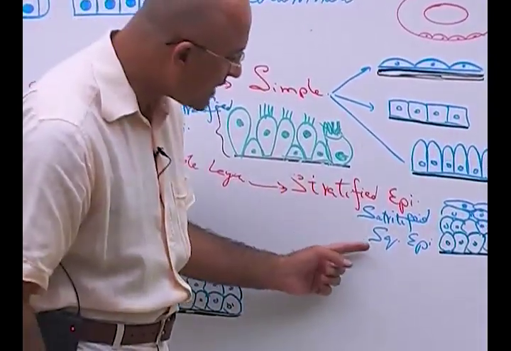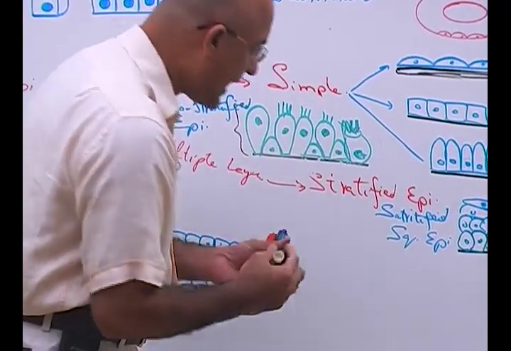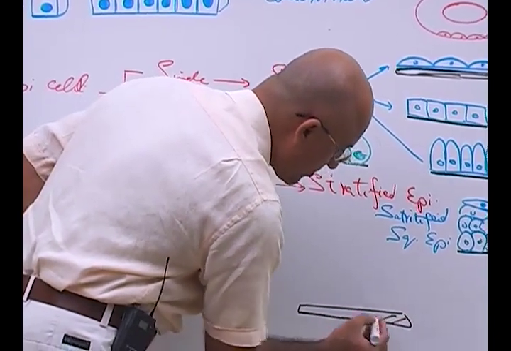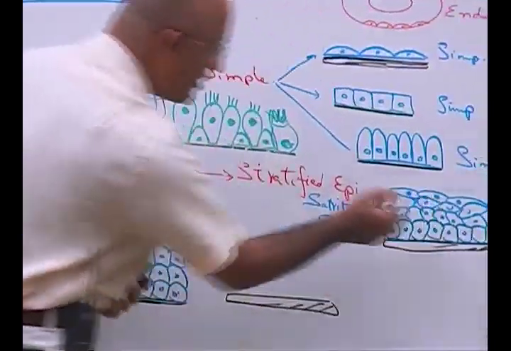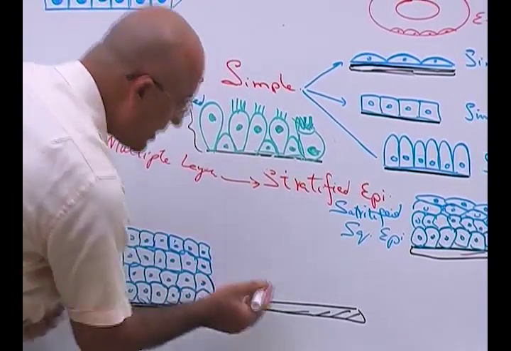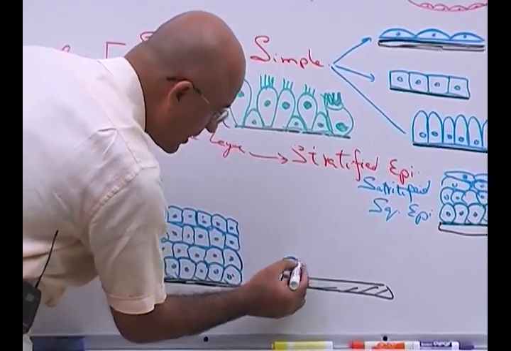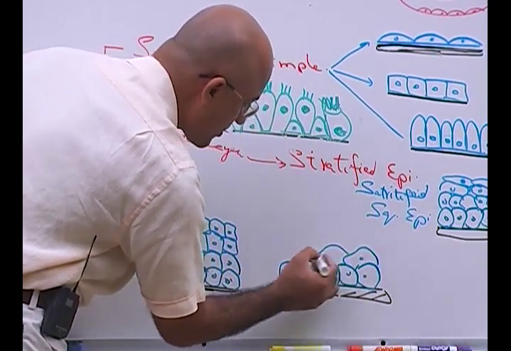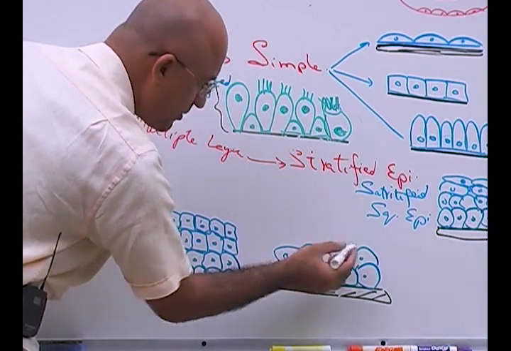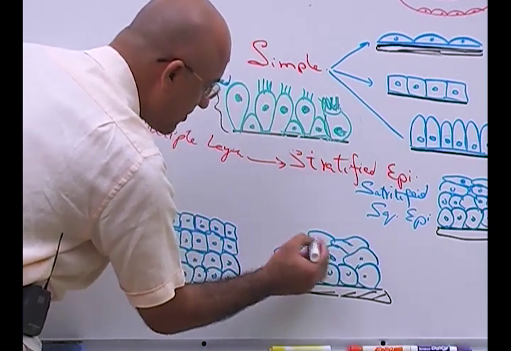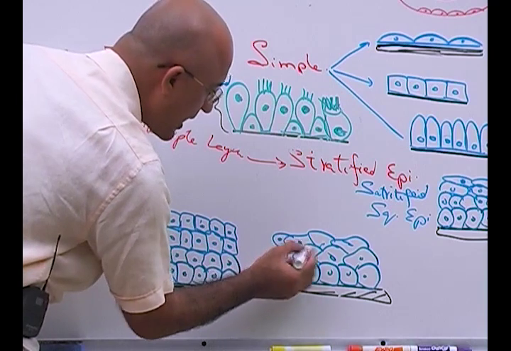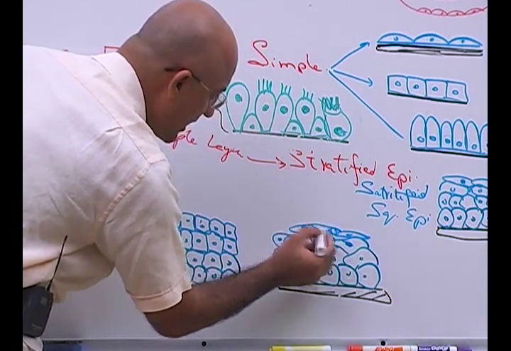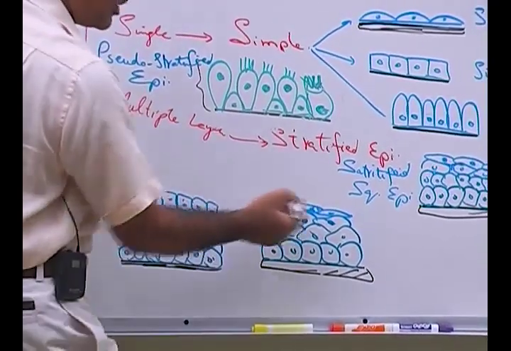Listen, stratified squamous epithelium has two variants. This is post-basement membrane. This is stratified squamous, but in some of the stratified squamous epithelium, even though the top cells are flat, the uppermost layer cells do not have nuclei.